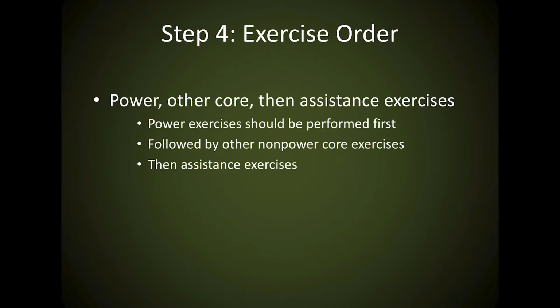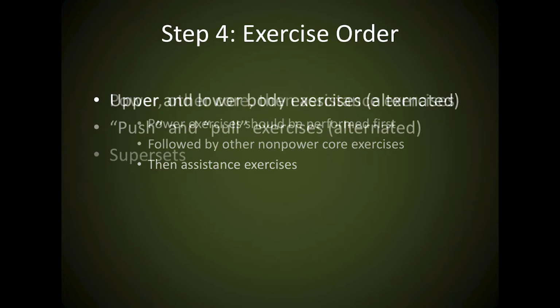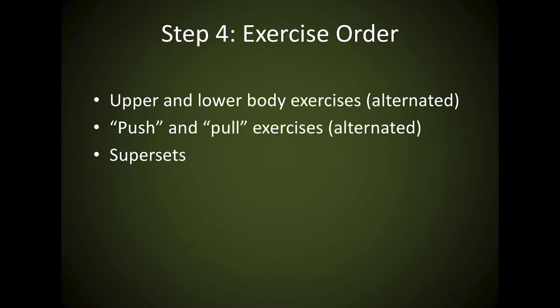So those power and core exercises should be performed first. So like the squat, deadlift, power clean, some of those bigger multi-joint, multi-muscular groups should be performed first, then the assistance exercises after that. You can split this up into a bunch of different ways in terms of how to go about it throughout the week.